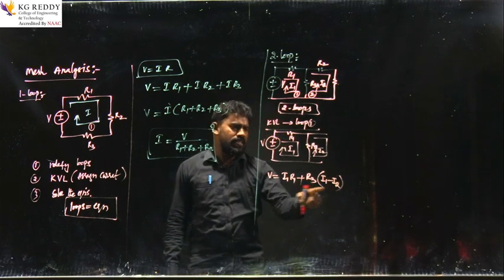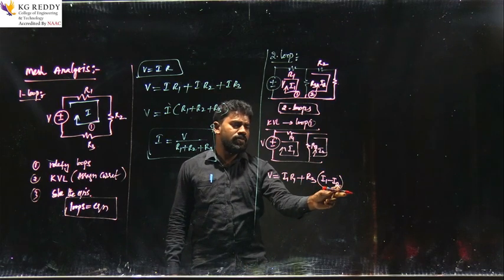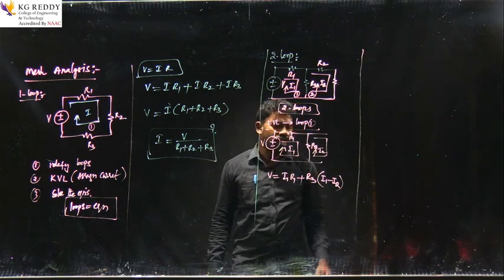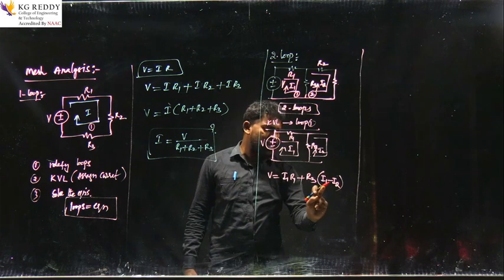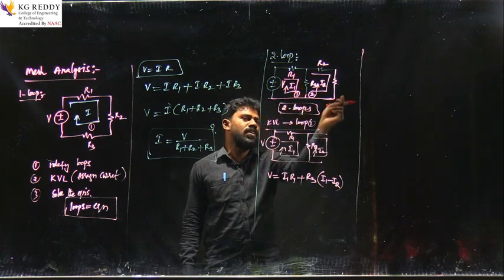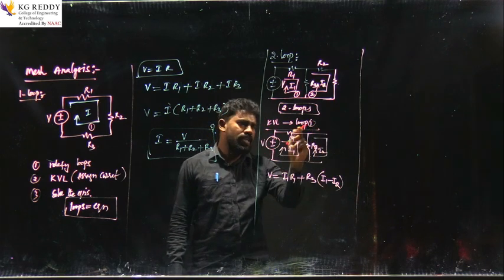So is this clear? Why are we getting this I1 minus I2? If you really understand this, then it is easy to write the remaining equations. Before writing I1 minus I2, I have to identify where we are going to apply Kirchhoff voltage law. That is very important.